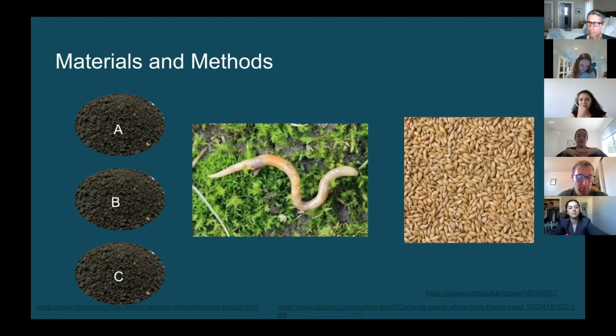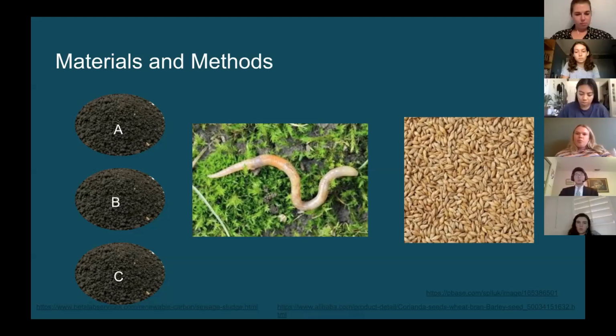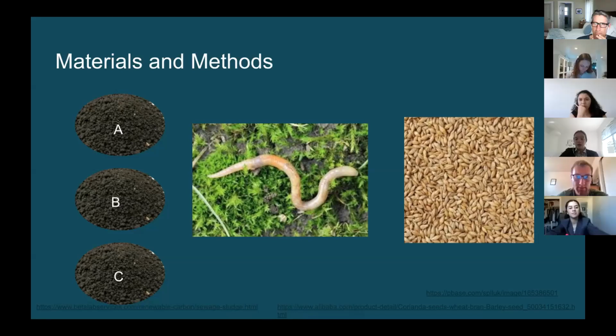They also had a part of the experiment where they just did sludge with soil and earthworms and no barley. Then they dried the barley after it was grown, and they froze the earthworms to later extract data.